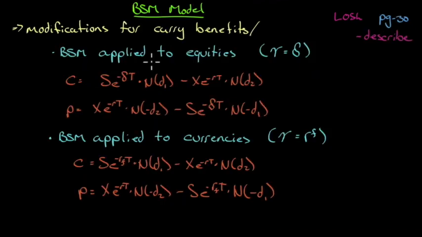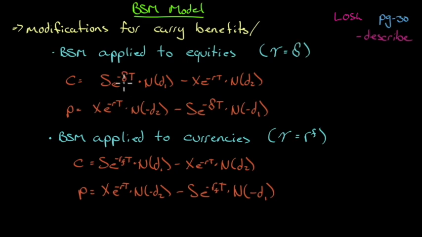So again, BSM applied to equities. If we're going to use equities, we're going to use something called delta. This is just lowercase delta, by the way. The gamma, we said, was our carry benefits. Generically, we just said gamma is a carry benefit. If we see lowercase delta, we're particularly talking about stocks.